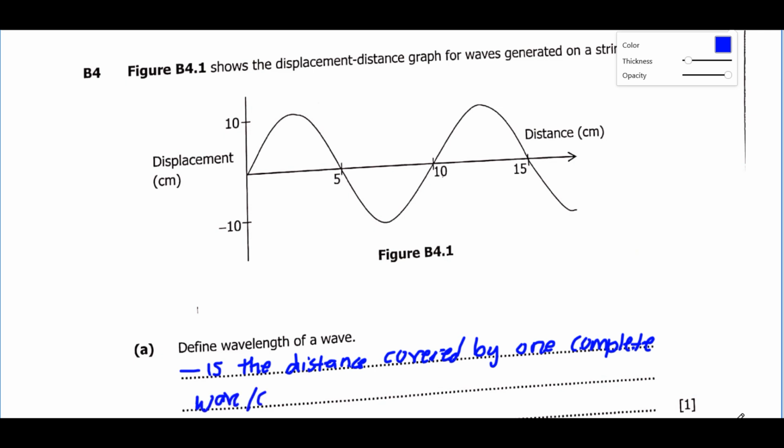So one complete wave or cycle. It depends on the definition that you know. If you know it in a different way, your answer is still correct, so you can stick to that.